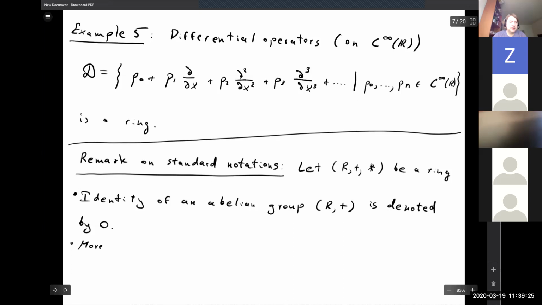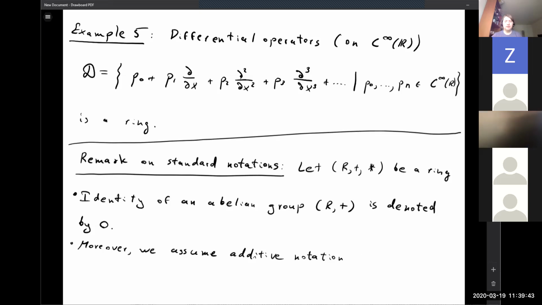Moreover, we assume additive notation for this abelian group R. So as I said, it's R with a binary operation plus.